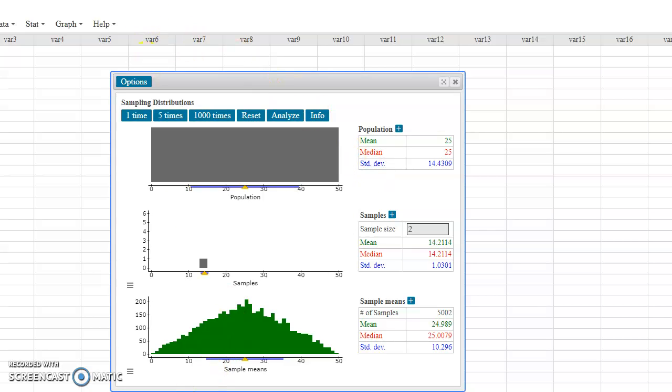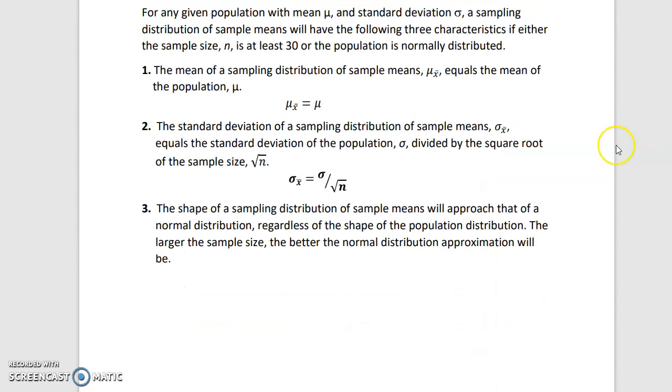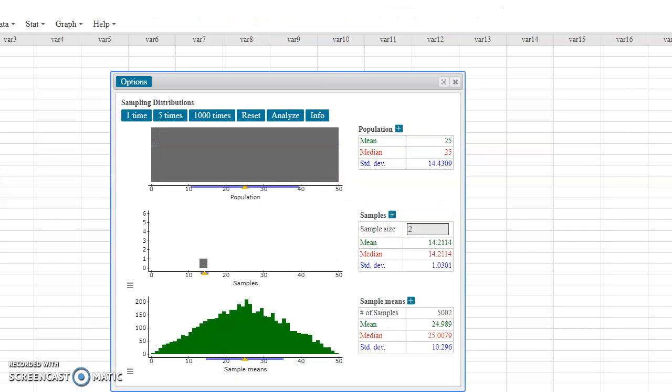Theoretically, the standard deviation of the sampling distribution should equal the population standard deviation divided by the square root of the sample size. That would be 14.43 divided by the square root of 2, and that's 10.2. So theoretically, the standard deviation should be pretty close to 10.2. We got 10.296, so it was pretty close.